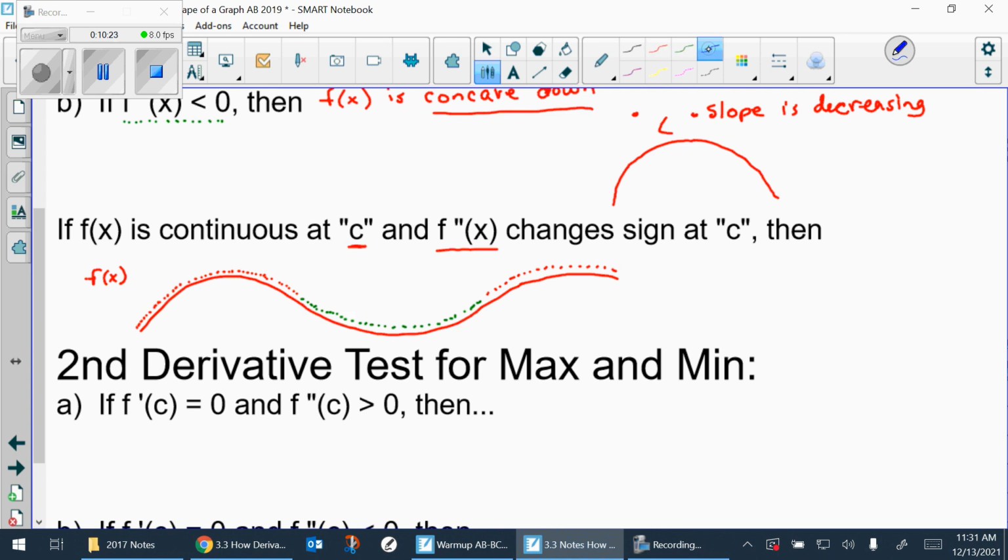Well, okay. There's that magical value of C, where concave down turns into concave up, or when concave up turns into concave down.